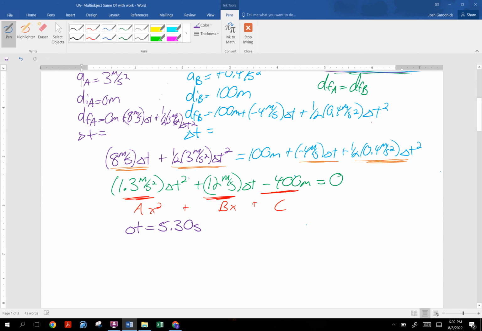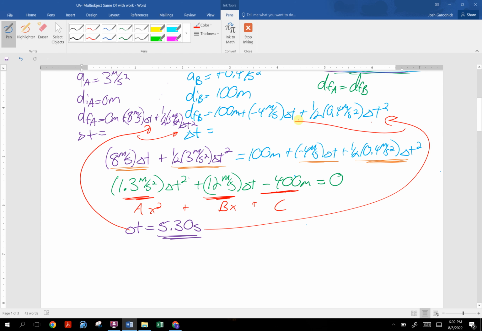Great. Now we can take that time, sub it back in, and solve for the final position. This is part of the reason I like writing it out, because now I could just sub it in to that equation, or I can sub it in to the equation on the right.